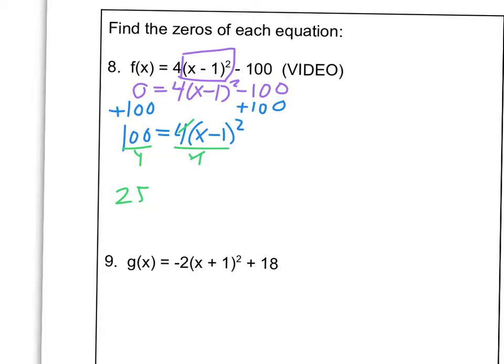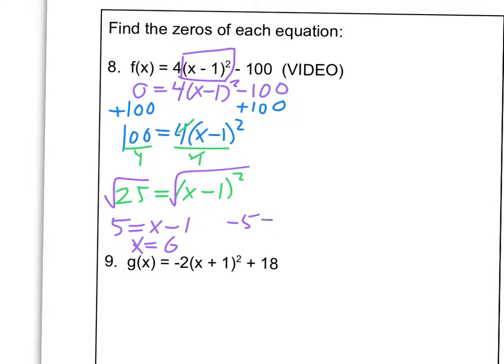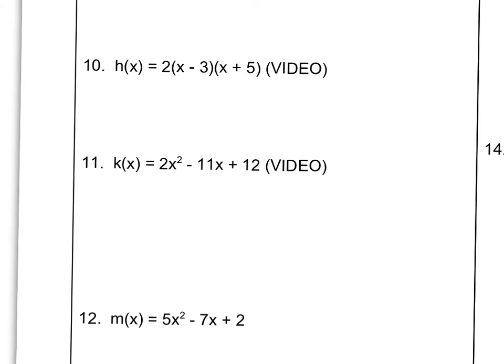I got 25 is equal to x minus 1 squared. I'm going to take the square root of both sides. And from here, I'm going to have 2 answers. 5 is equal to x minus 1, which means x equals 6. And -5 is equal to x minus 1, which means x is equal to -4. Whenever I take a square root, I need to incorporate both the positive and negative version of that.